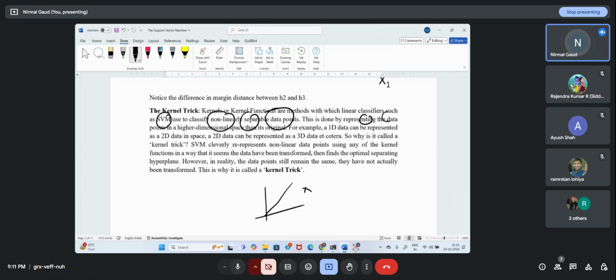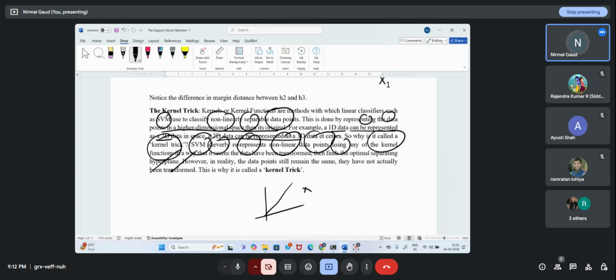We have to represent the data in a higher dimension. For example, a 1D data can be represented in 2D, 2D can be represented in 3D, and so on. Why is it called kernel trick? SVM cleverly represents nonlinear data using any of the kernel functions.